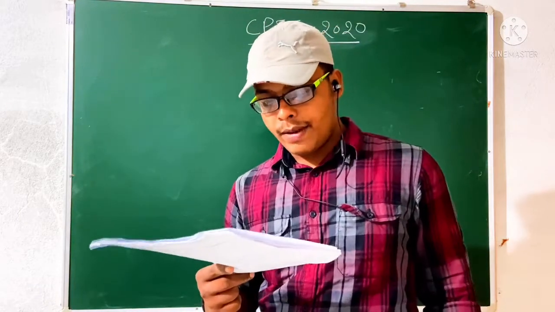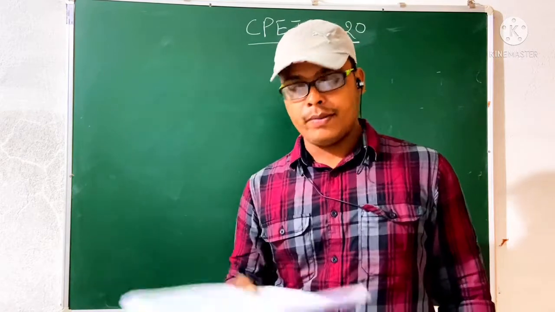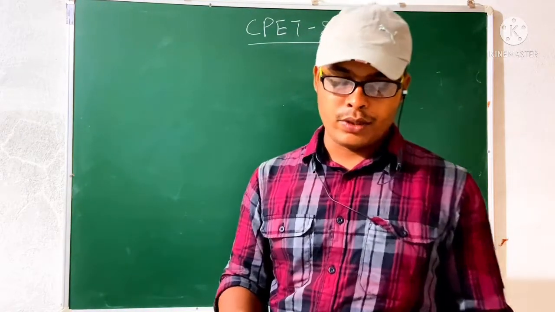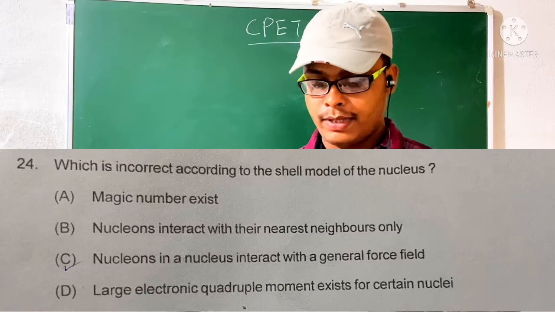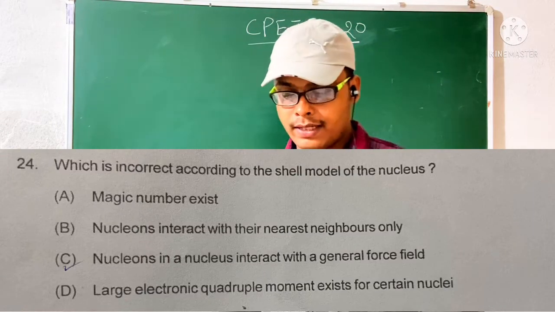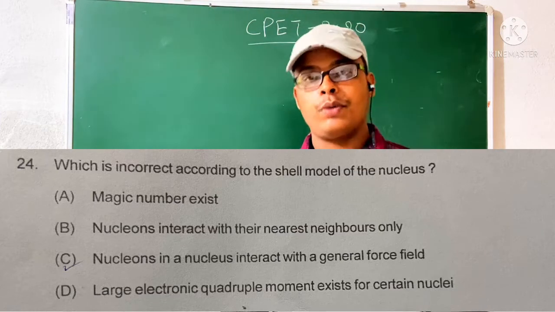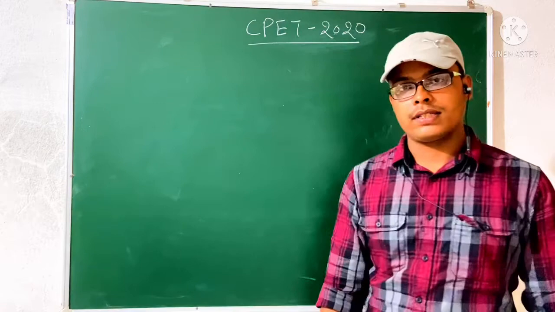So this is a theoretical part, that is your Davidson and Germer experiment. This is the quantum mechanics part, so the answer will be electron diffraction. So this is the theory part, okay, so I am not solving this again. You come to your 24th question. I am also not solving that one, which is incorrect according to the shell model. So you have to remember the shell model. What is the shell model asking?